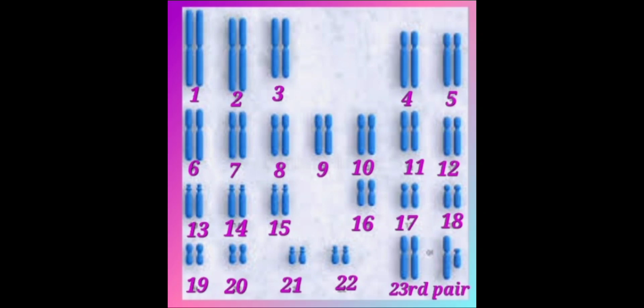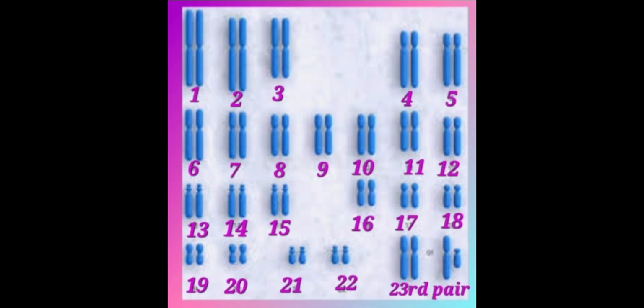But chromosome number 21 has been found to be smaller compared to chromosome number 22. Moreover, chromosome number 19 has also been found to be smaller than chromosome number 20.